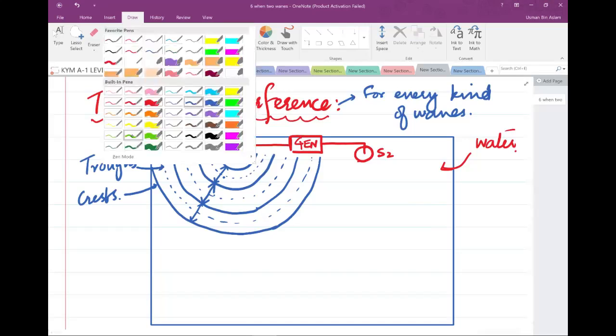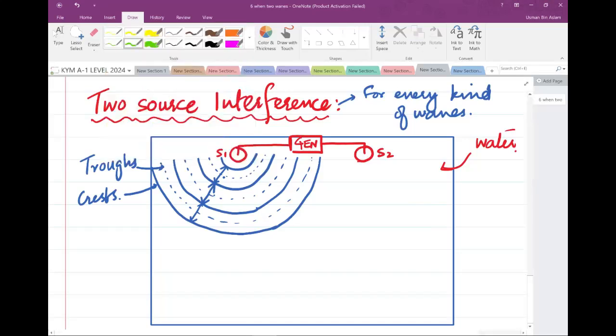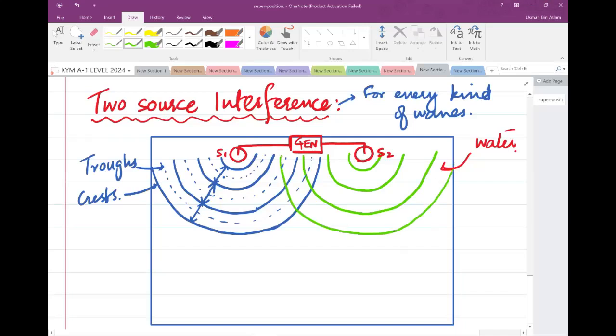Similarly, I will use a different color, green, for the waves coming from S2. These are the semicircular wavefronts coming from S2. I'm trying to keep the wavelength uniform and constant, because both the sources are attached to the same generator. That means S1 and S2 both have the same wavelengths and same frequencies.